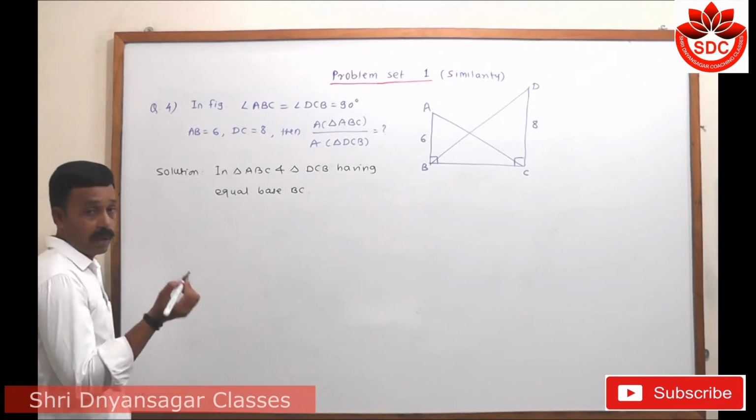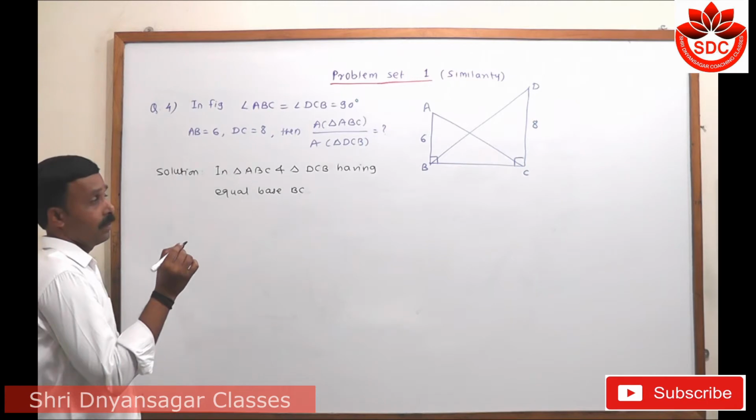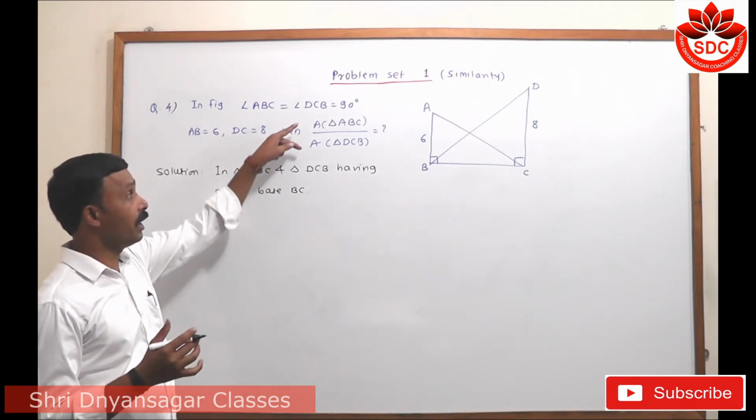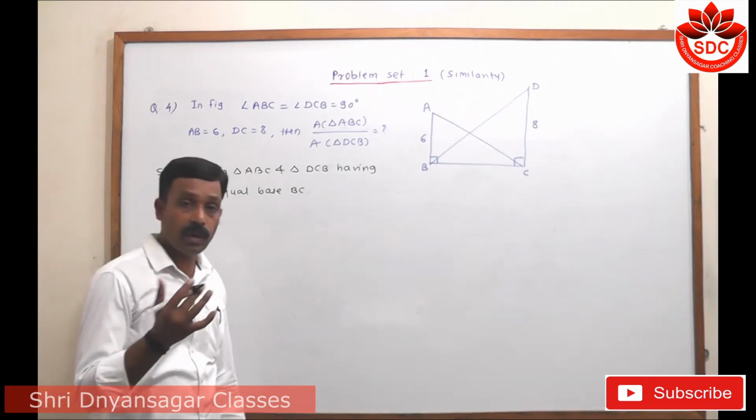Therefore, we know the property: if triangles have an equal base, then the ratio of their areas is equal to the ratio of their corresponding heights.